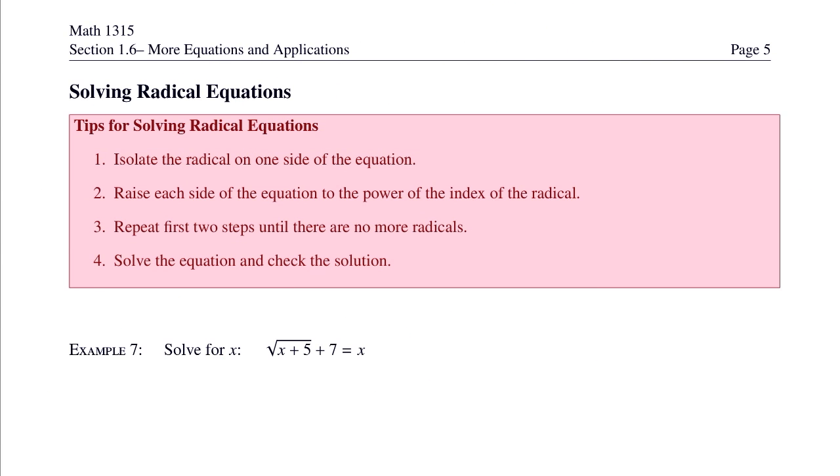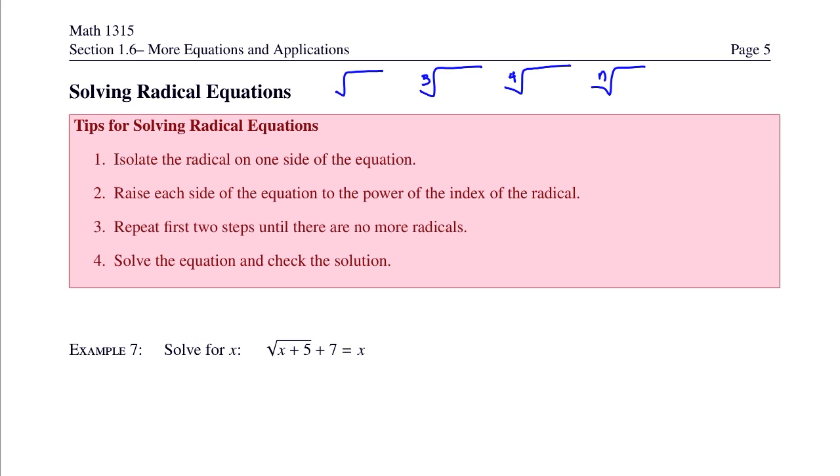In this part of the lesson, we're going to solve radical equations. What is a radical? The square root is a radical, and the cube root is a radical, and the fourth root, etc. Sometimes you hear people talk about the nth root.